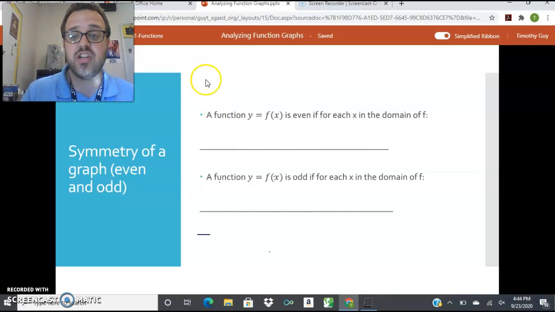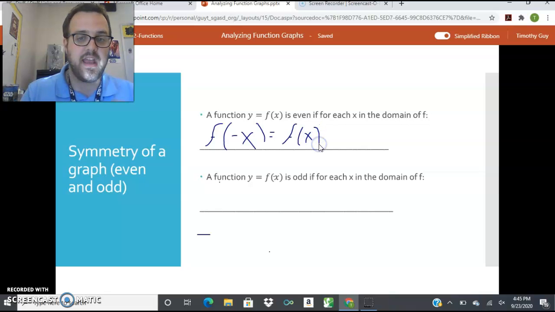A function is even if for each x in the domain, f of negative x is equal to f of x. Basically, when I put a negative x into my function, I get the same function back out. Whereas for an odd function, when I put a negative x in, I actually get the opposite of that function. I get negative f of x.